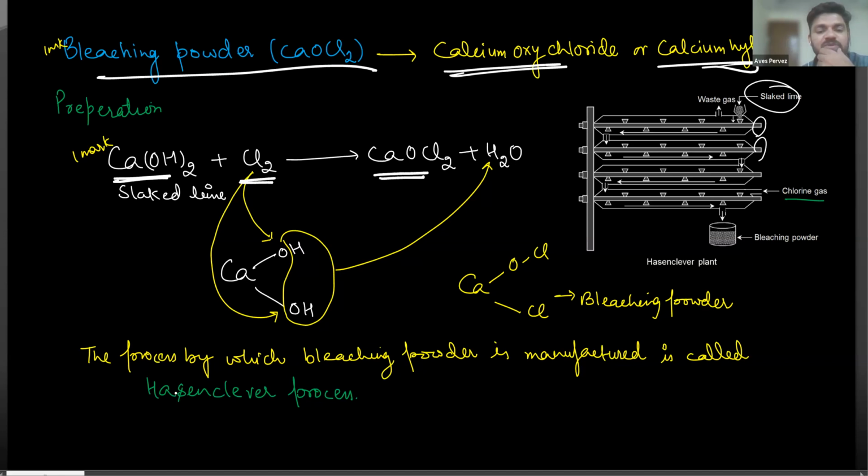This process of formation of bleaching powder is called the Hasen-Clever process. Note it down fast. Done.